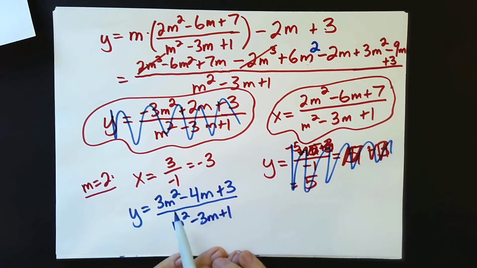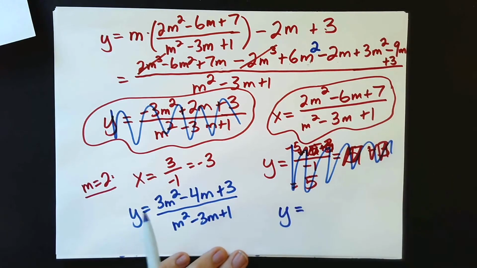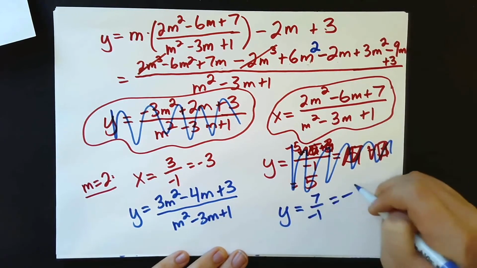And so if I plug in m equals 2, now I get 12 minus 8 plus 3 is 7 over minus 1, which is minus 7.